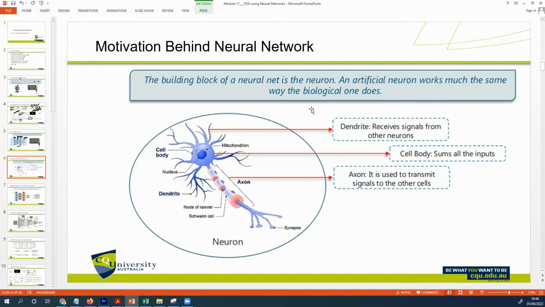What is the motive behind the neural network? The building block of a neural network is the neuron. The neuron is within your head, within your brain. An artificial neuron works much the same as the biological one does, almost similar to the neuron in our brain.